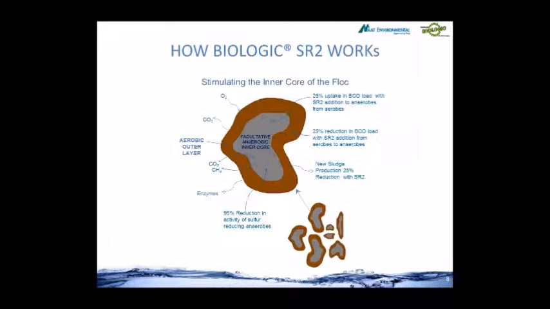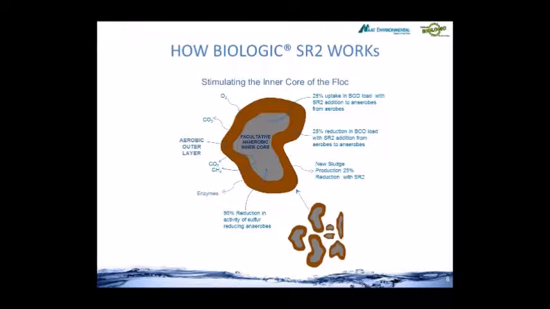In most aerobic systems or activated sludge systems, the bacteria exist in the form of flocs, and the outer surface of the floc is aerobic in nature, while the inner core of the floc is more facultative in nature.